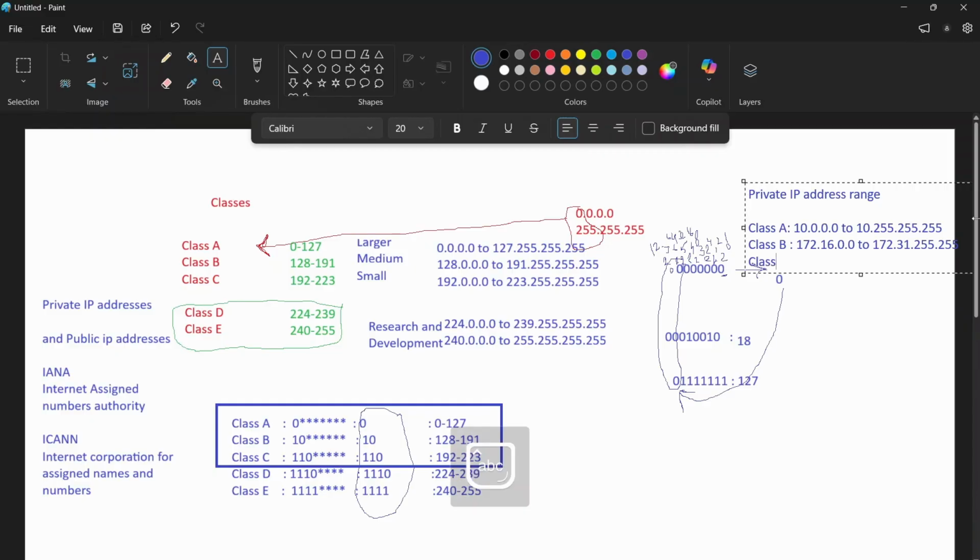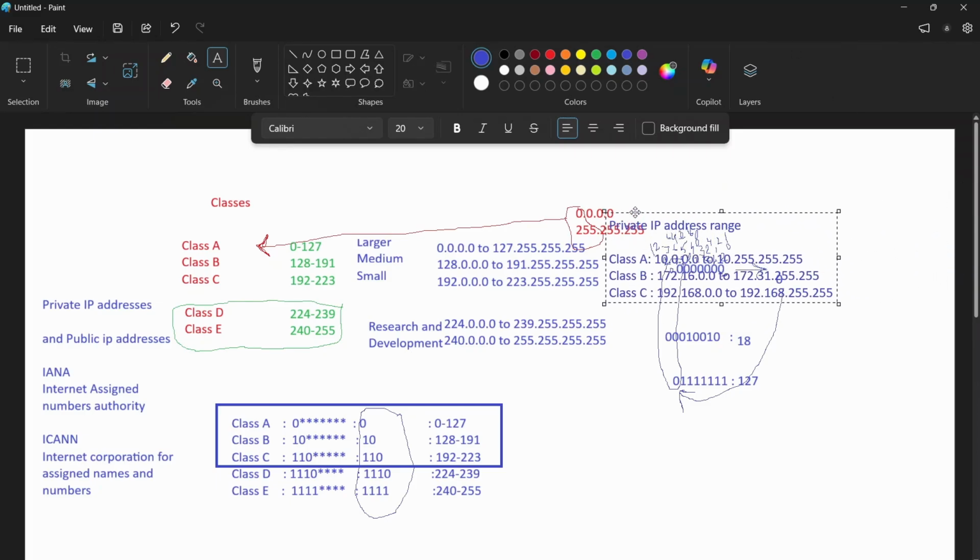Class C: 192.168.0.0 to 192.168.255.255.